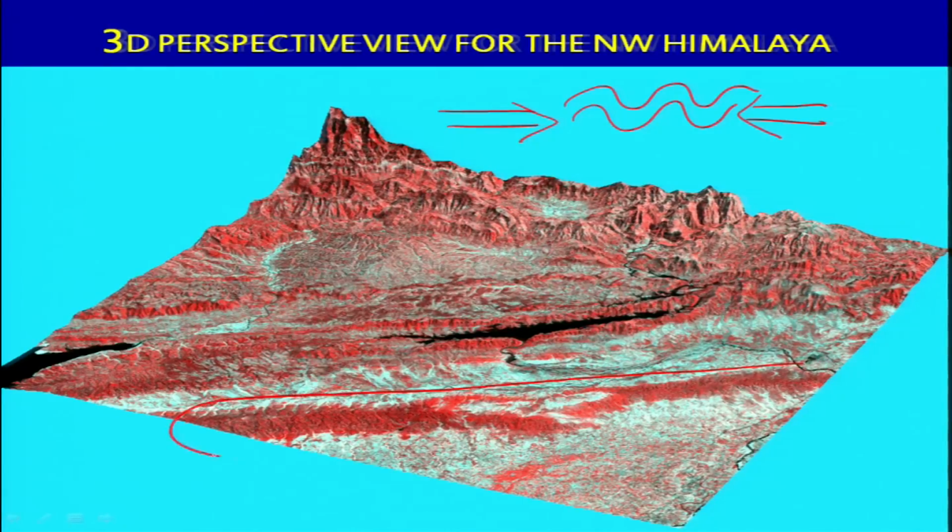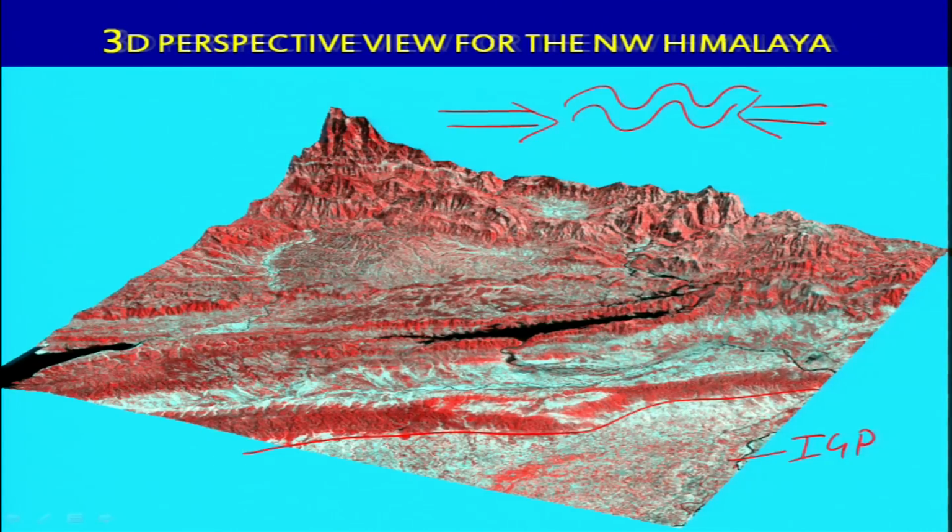I will just mark this one. This is the frontalmost folded chain, which is known as Janauri anticline, and this is your Indo-Gangetic plain. So I'll just put it on the other side so that you can see it clearly. So this portion is your Indo-Gangetic plains, okay. And this is the boundary between the Indo-Gangetic plain and the youngest mountain chain, that is your Shivalik hills, okay.